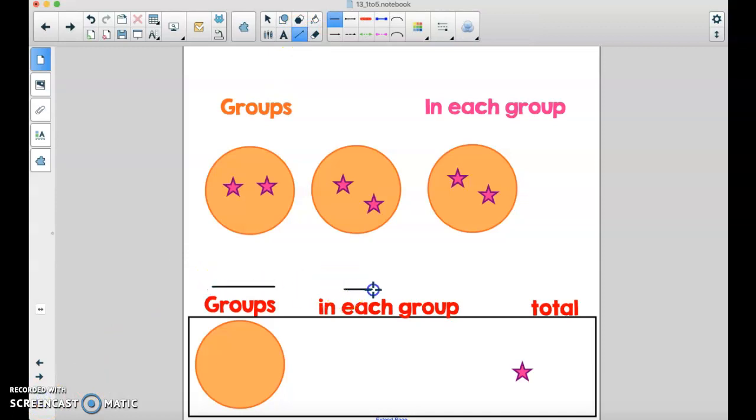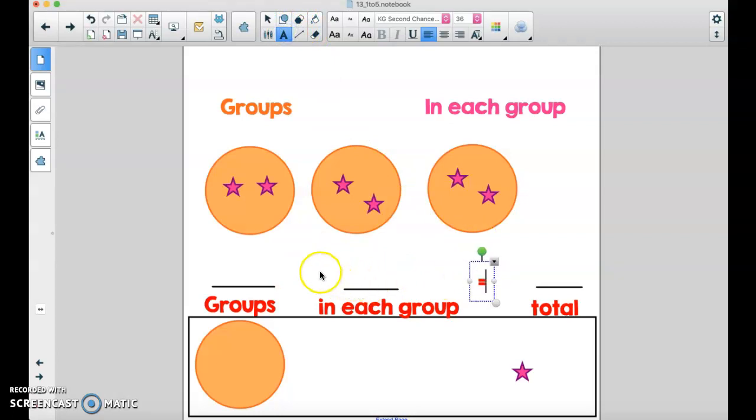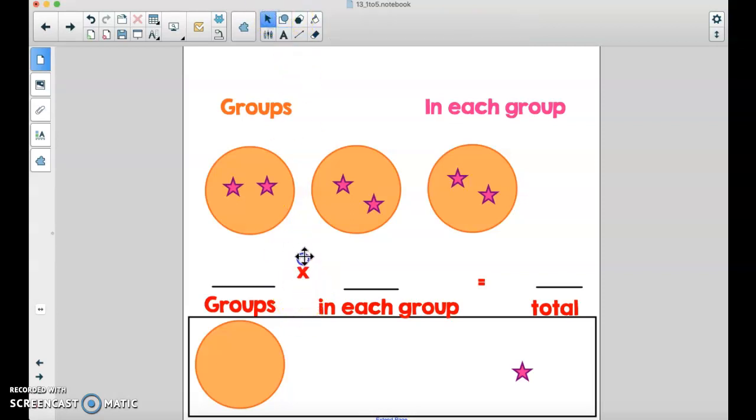Blank, blank equals blank. But this time, instead of writing a plus or minus, it's going to be a multiplication, which I also noticed you can use the letter X in the middle. That's the same for multiplication. It's a big old X. So I have blank blank equals blank down here.